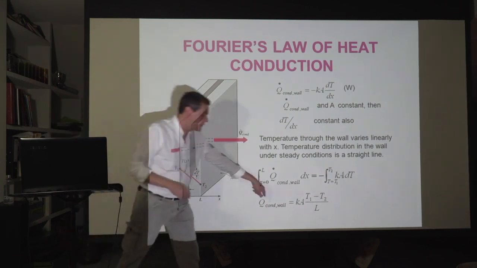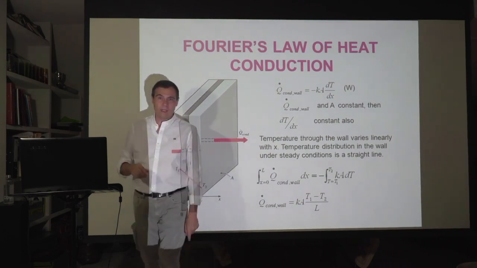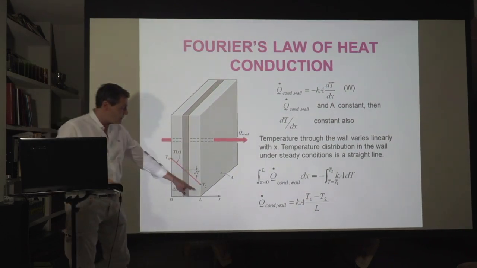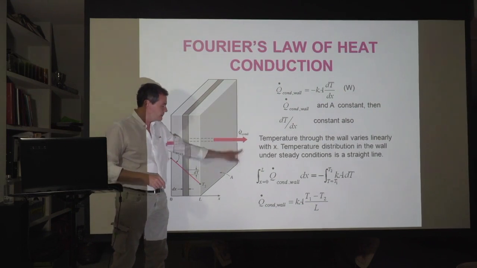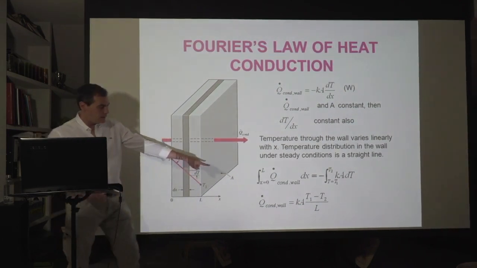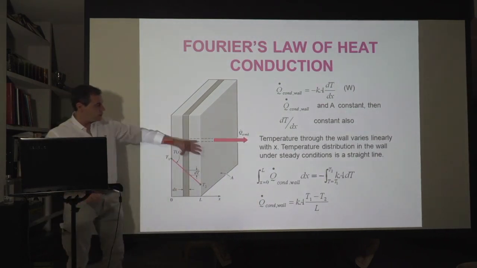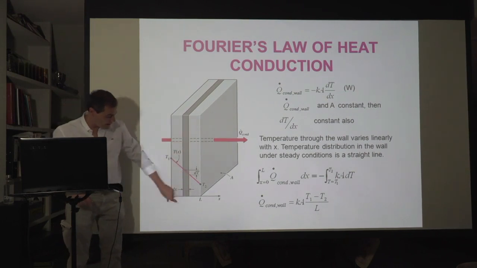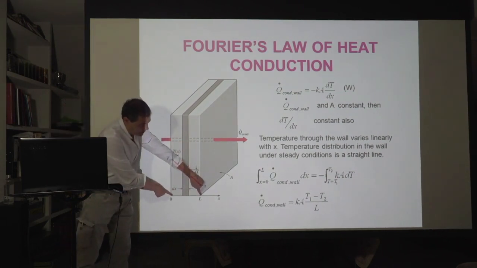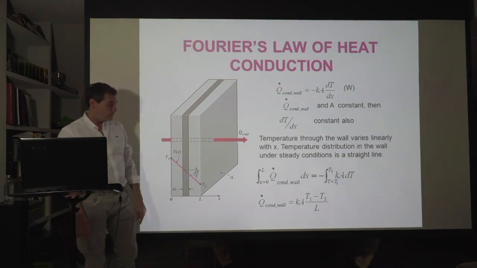So this is not an issue. And then we have A, which stands for area, the surface area of this element. And L stands for the thickness of the element. So look at this. This is a wall. So L is the thickness, this dimension here, and A is the area of the wall.